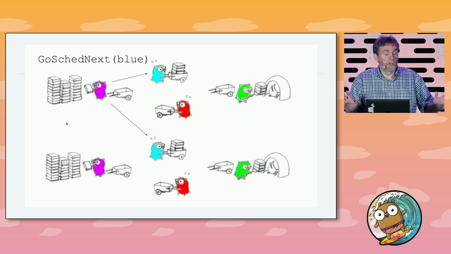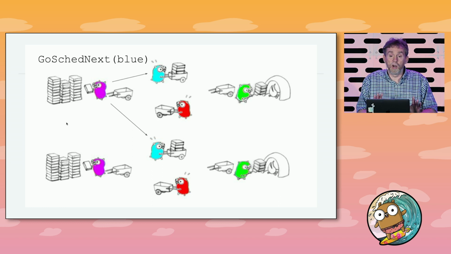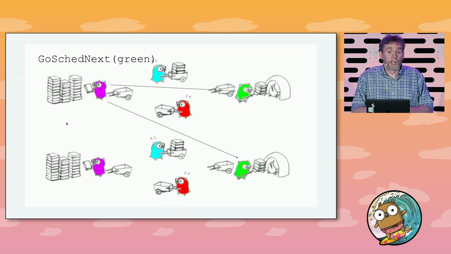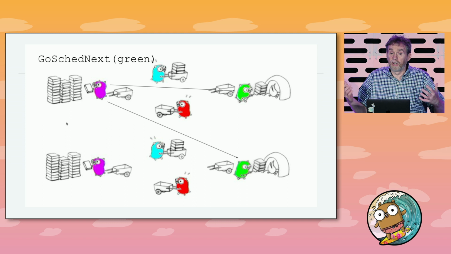All right, so what is Ghostcat next supposed to do? Suppose that the purple Go routine calls Ghostcat next blue. What happens then is the scheduler will run one of the blue gophers. And if the purple Go routine calls Ghostcat next green, it will run the green gopher next, not the blue gopher.